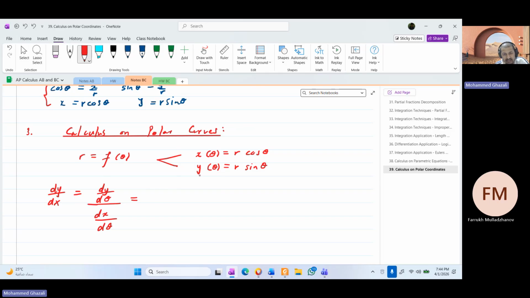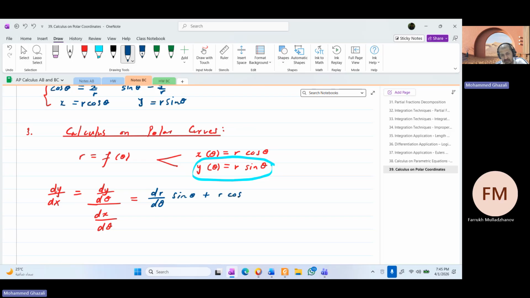Now, let's find the derivative of y. So we're finding the derivative of this and putting it on top. You have to apply the product rule because r is a function in theta, and sine theta is also a function in theta. So you're going to say dr d theta, in other words r prime sine theta, leave the sine theta as it is, plus the derivative of sine theta, which is cos theta, and leave the r.